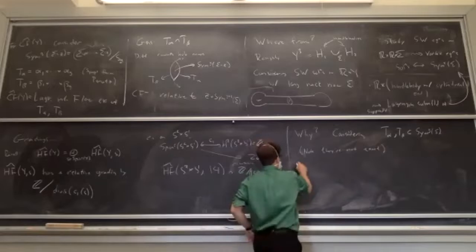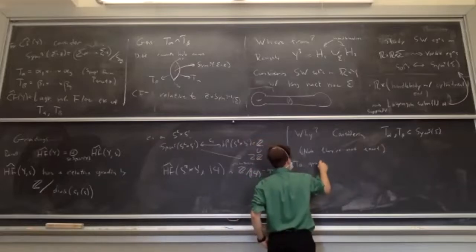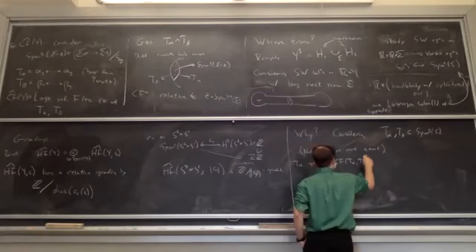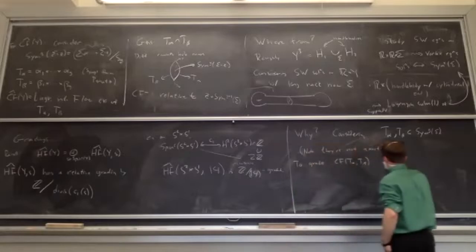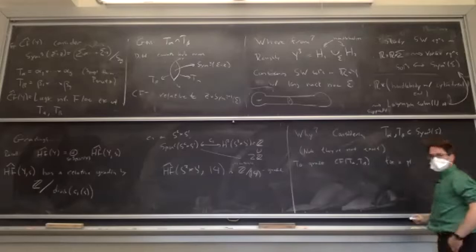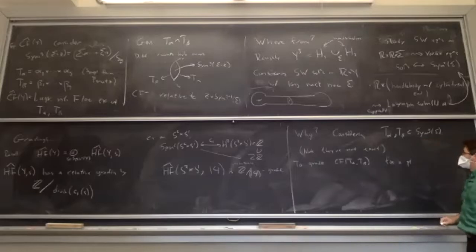So to grade CF of T alpha, T beta, we'll fix... well, this isn't an exact symplectic manifold the way I've written it, so it doesn't even make sense to ask if it's exact.